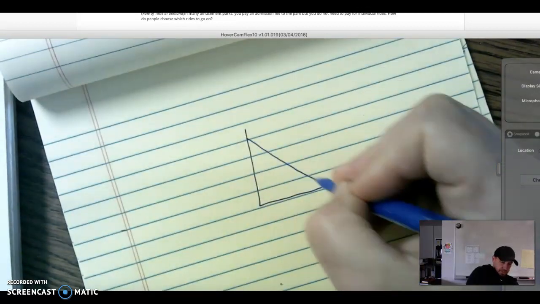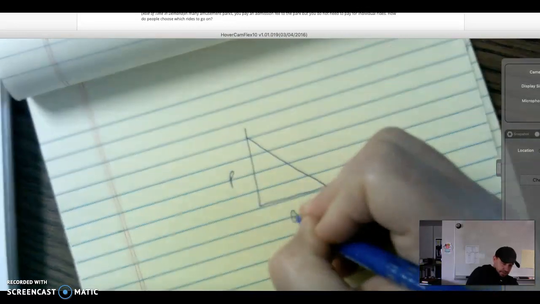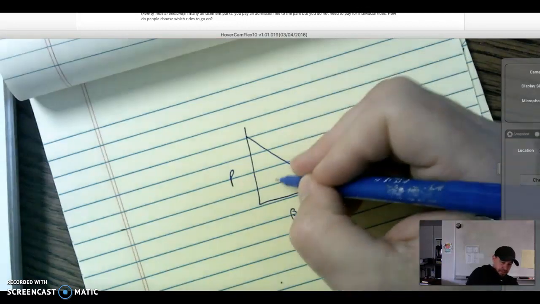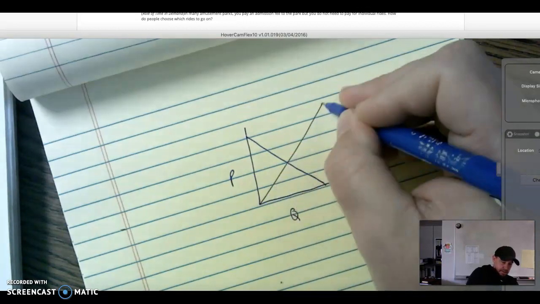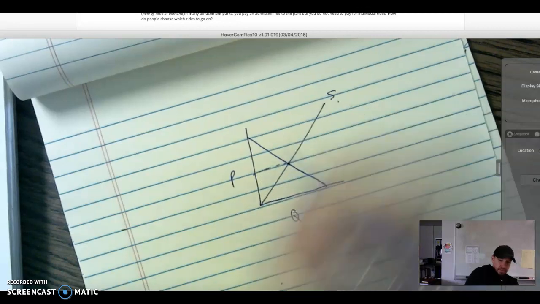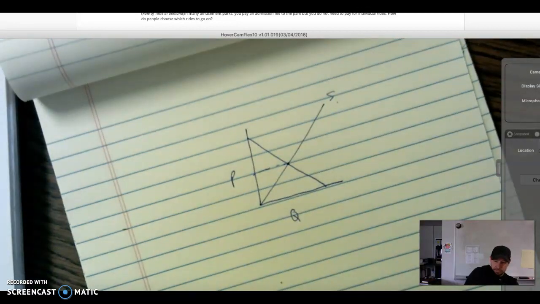Let's just say that's a consumer's demand curve. There's your demand curve. You could put a supply. There's equilibrium.